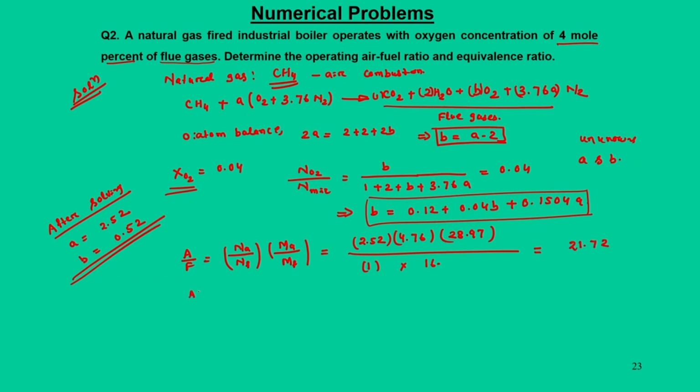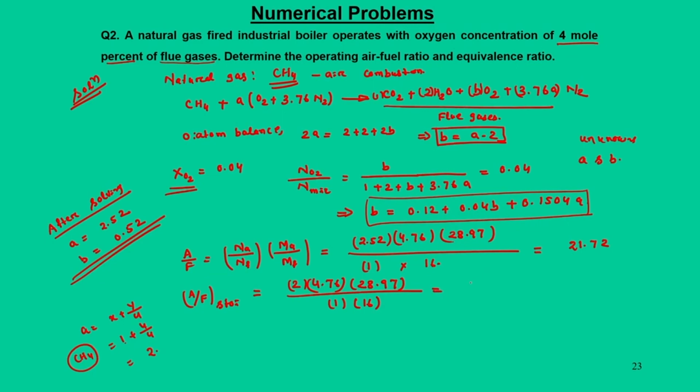Now, for A by F stoichiometric, at stoichiometric you have A is equal to x plus y by 4. For methane, x is equal to 1 and y is equal to 4, so A is equal to 2. So it is 2 into 4.76 into 28.97, divided by 1 mole of fuel into 16.